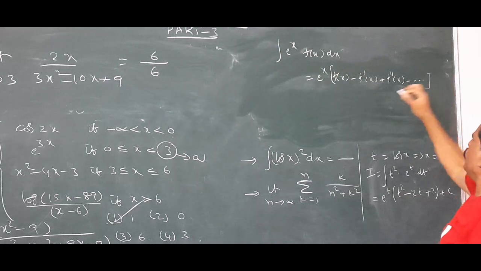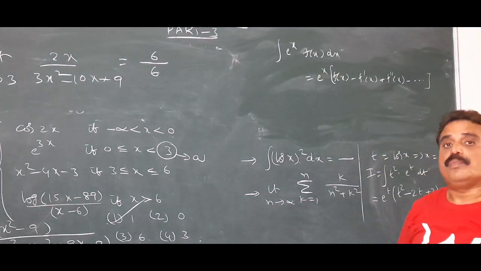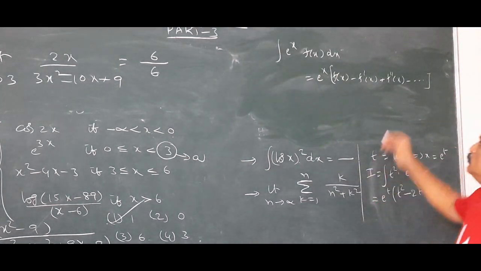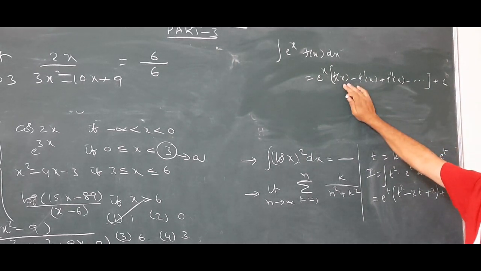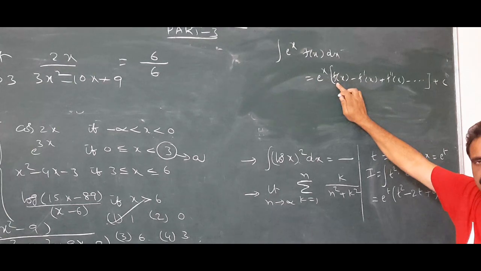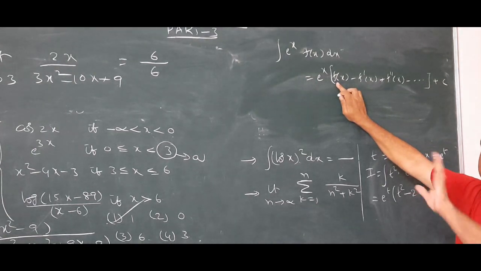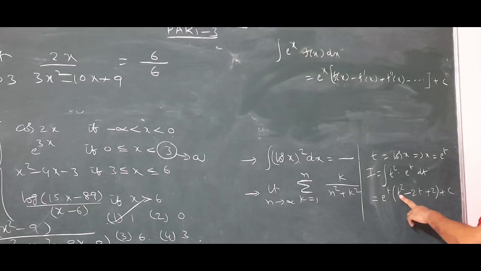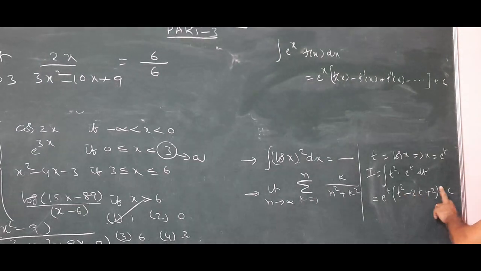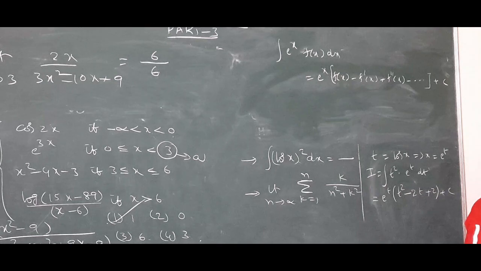This formula is applicable when f(x) is a polynomial. When f(x) is a polynomial, definitely at a certain derivative it becomes 0. It is second degree, so the first derivative is 2t, second derivative is 2, third derivative onwards 0.